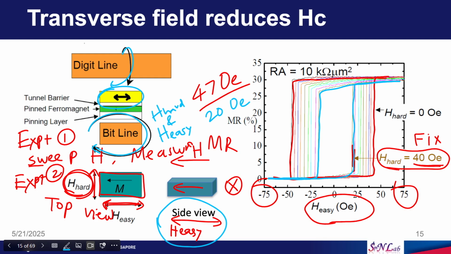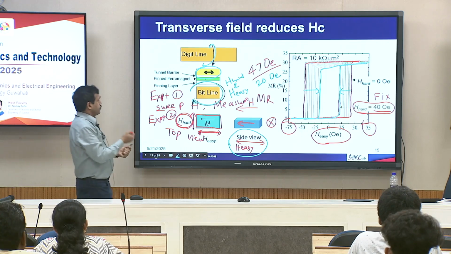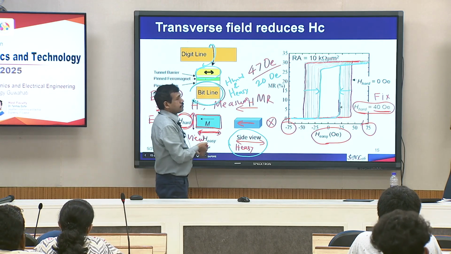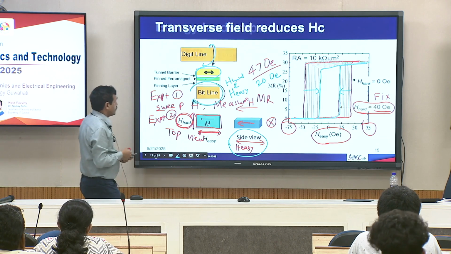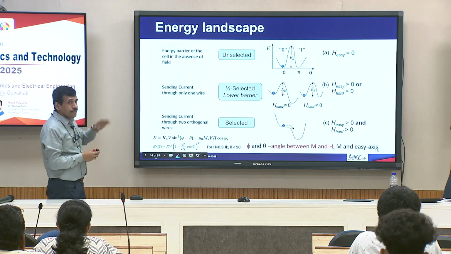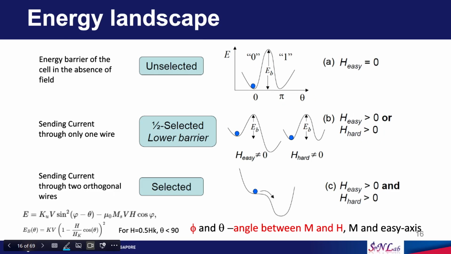So, what causes this reduction of coercivity? We learned that two magnetic fields produce lower coercivity. So, what causes that? That is explained in this picture.